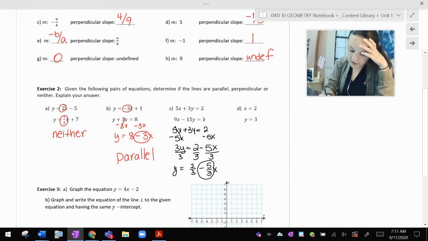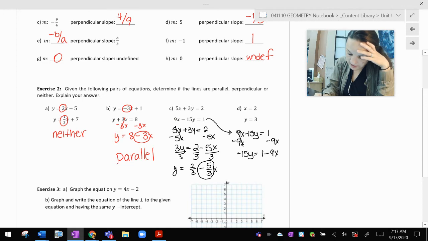And then the next one, I'm going to put it over here, 9x - 15y = 1, subtract 9x, -15y = 1 - 9x, divide everything by -15, and I get y = -1/15.